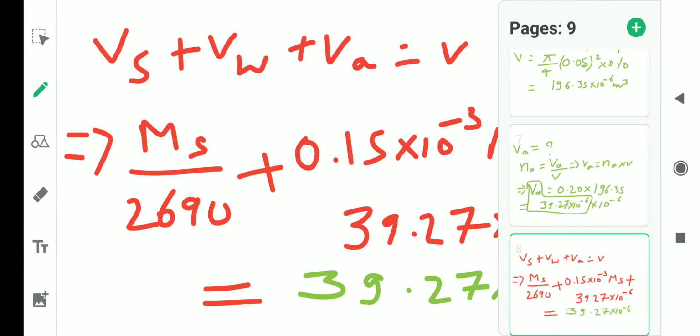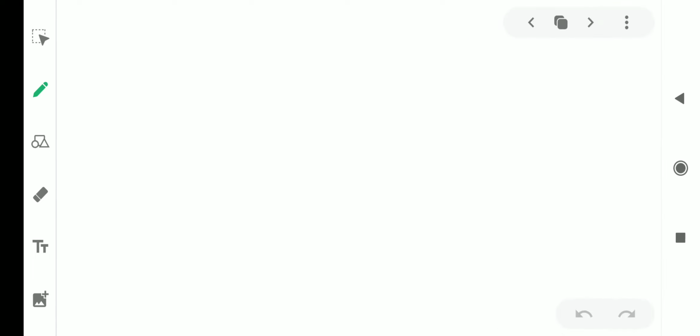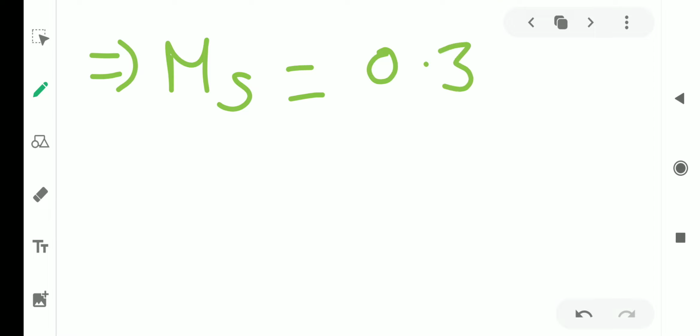Now you can simply solve it, and after solving you will get that Ms, mass of the solids, is equal to 0.301 kg.